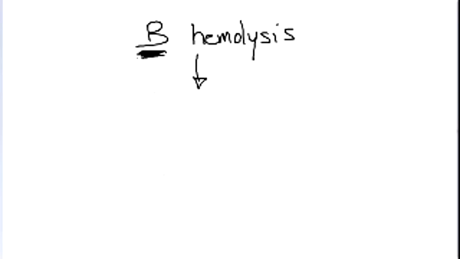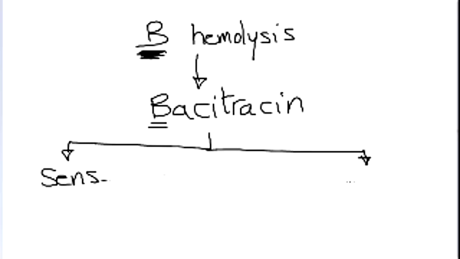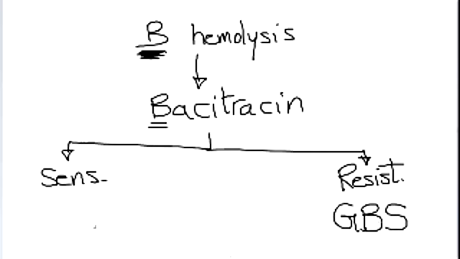If I got beta hemolysis with a B, I'll add bacitracin with a B. This is also an antibiotic, and we see if the bacteria is bacitracin sensitive or bacitracin resistant. The group B streptococci are bacitracin resistant, and the group A streptococci are bacitracin sensitive.